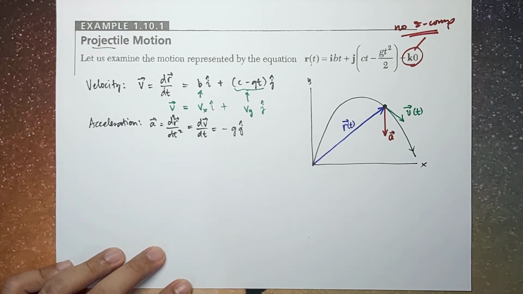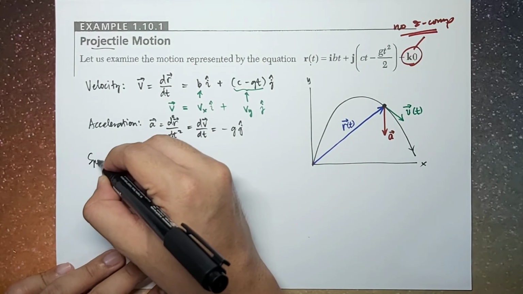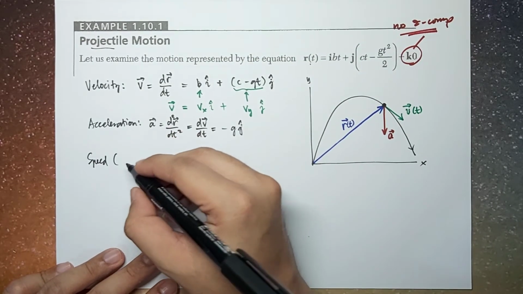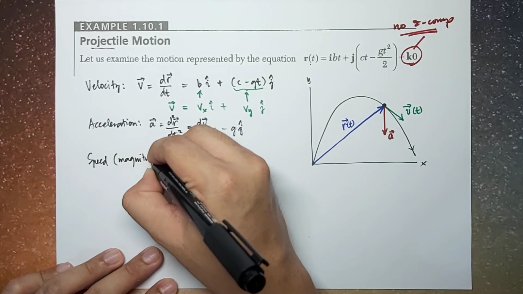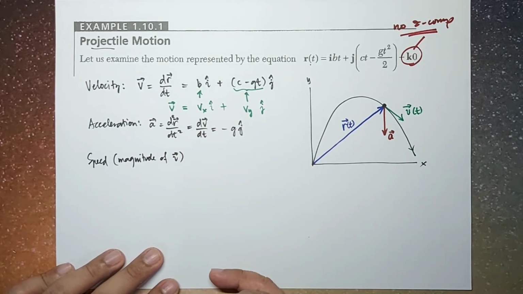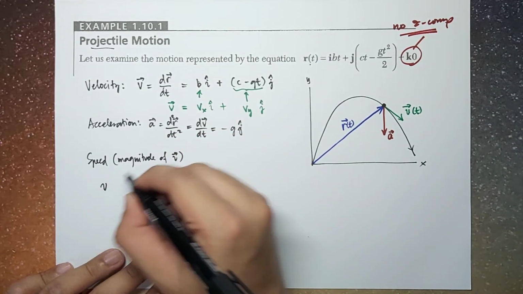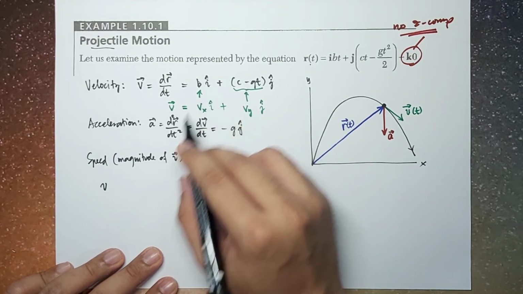If you're going to calculate the instantaneous speed of this particle, we just need to calculate the magnitude of the velocity. In this case, this is your x and y component of your velocity.